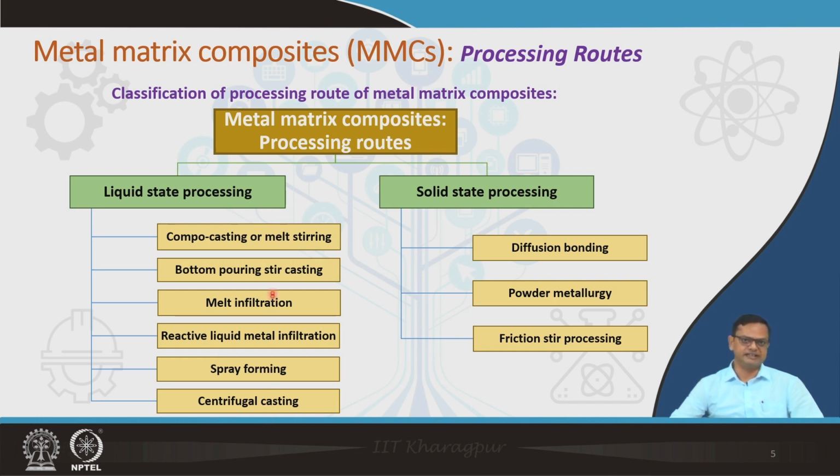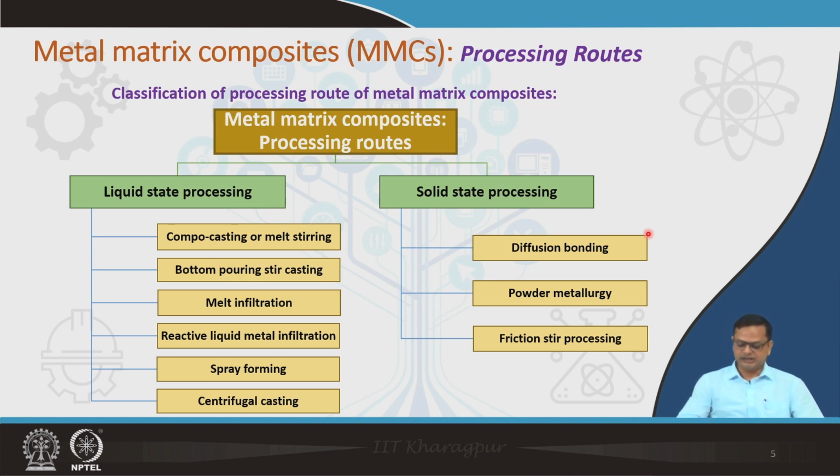There are a lot of different techniques. Similarly, in solid state processing we have diffusion bonding, powder metallurgy, friction stir processing, and I would like to discuss these techniques one by one to give you some idea of how MMC can be synthesized by these different techniques.